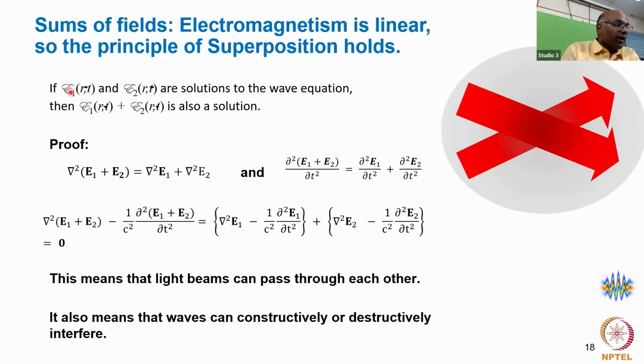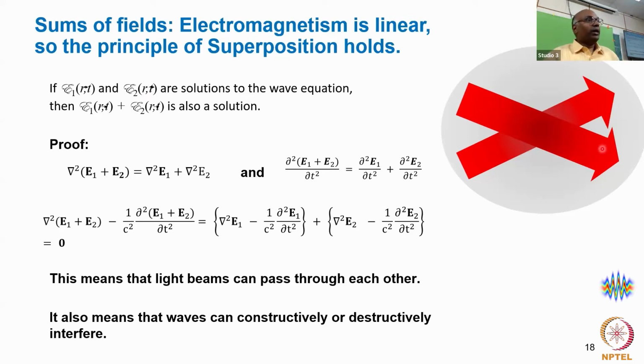So I can look upon the wave E1 as E1 plus a 0 wave, E2, so this wave would have survived just as it is. Now, if I changed the E2 wave from being 0 to some other finite value, E1 should still remain the same, because this principle holds in all its generality.